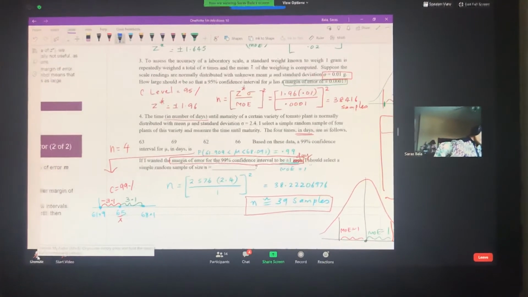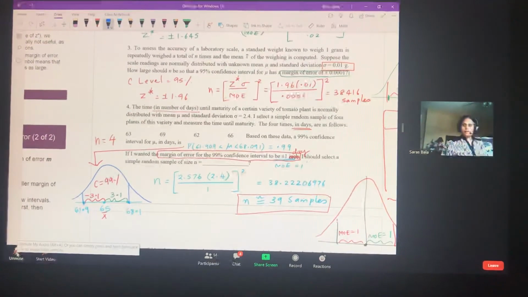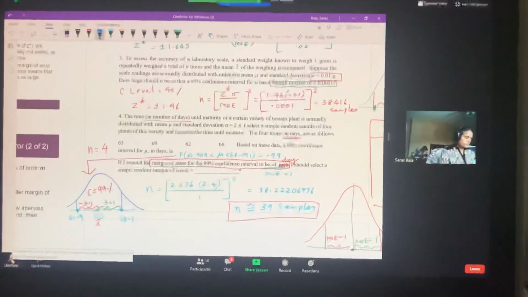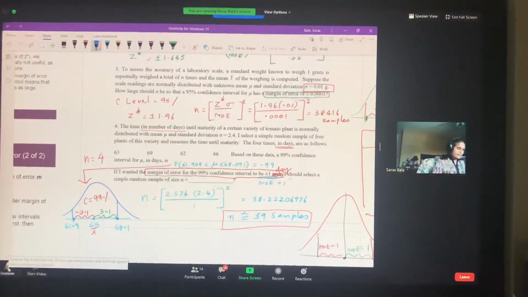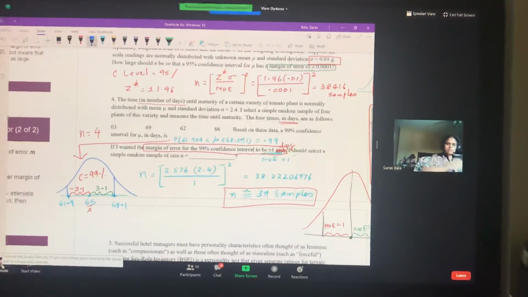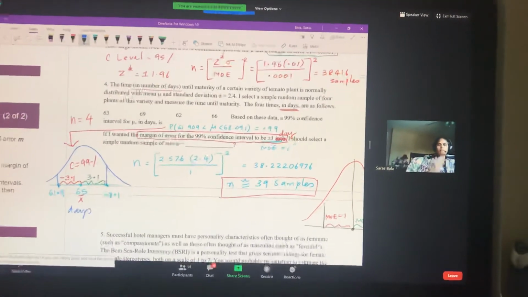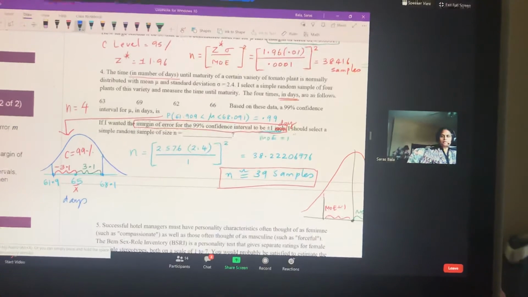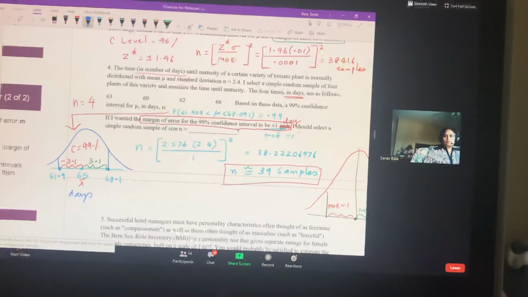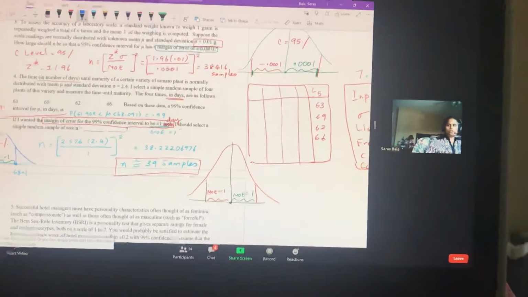Yes. That's right. So now if it is going to be 1 day more, because you are taking the days on your horizontal axis, with the margin of error of 3 days, you're getting the lower boundary and the upper boundary with the confidence level, and with 1 day, you need to have a sample of 39 tomato plants.